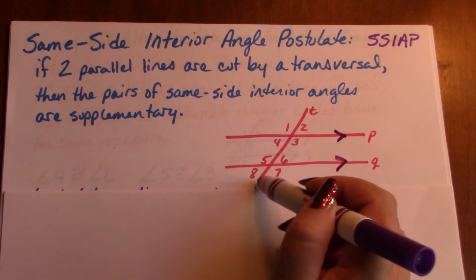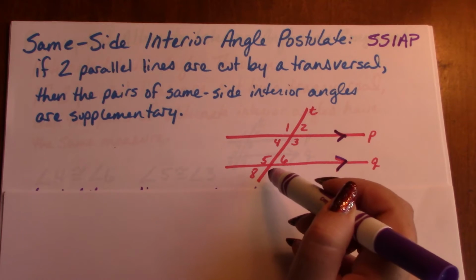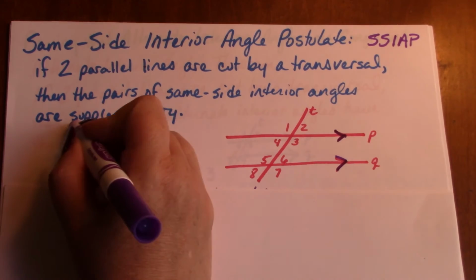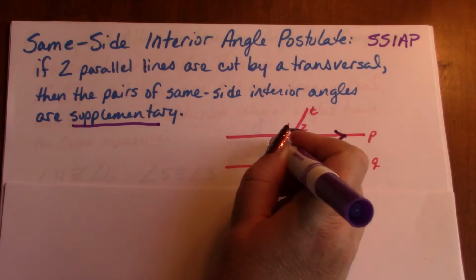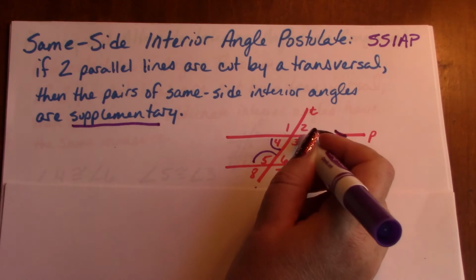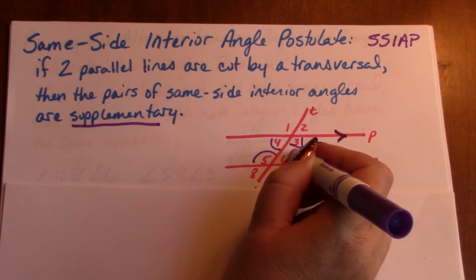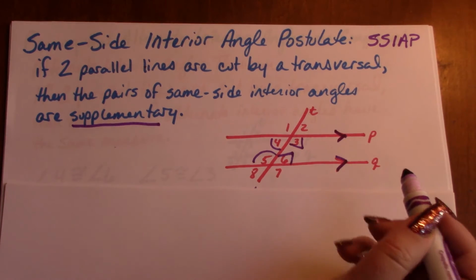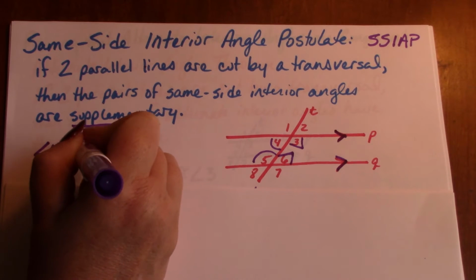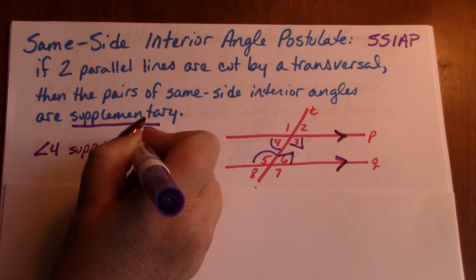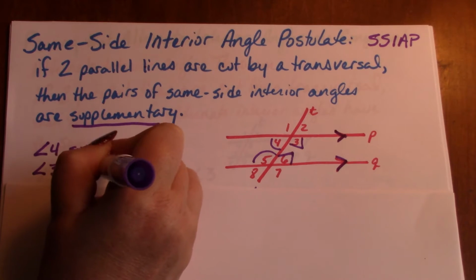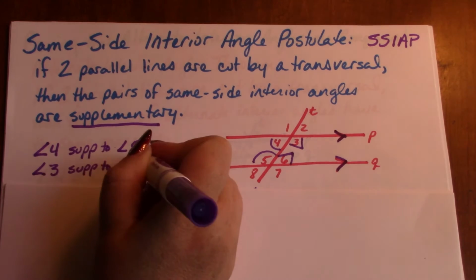And they are cut by a transversal, then the pairs of same side interior angles are supplementary. This angle and this angle are same side interior, or this angle and this angle, which means angle 4 is supplementary to angle 5, and angle 3 is supplementary to angle 6.